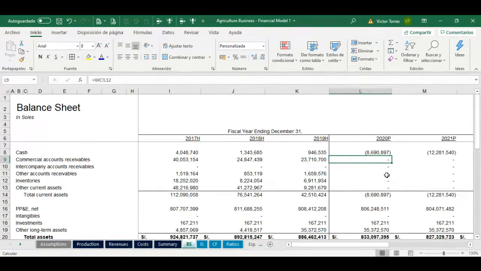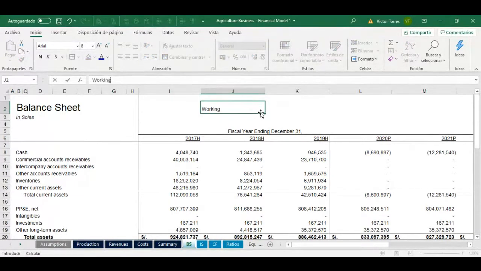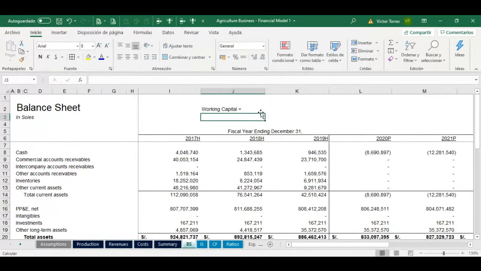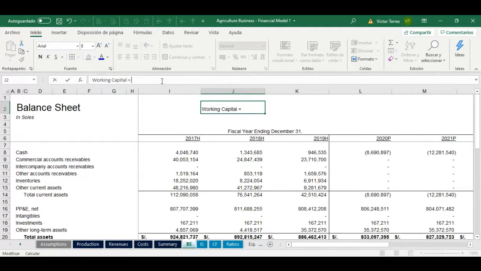into your working capital. By the way, who knows the definition of working capital from a financial perspective or from an accounting perspective? Let me know which perspective you are thinking about. Okay, so the first one, and that's the accounting perspective, and thanks, Renato, is current assets minus current liabilities.